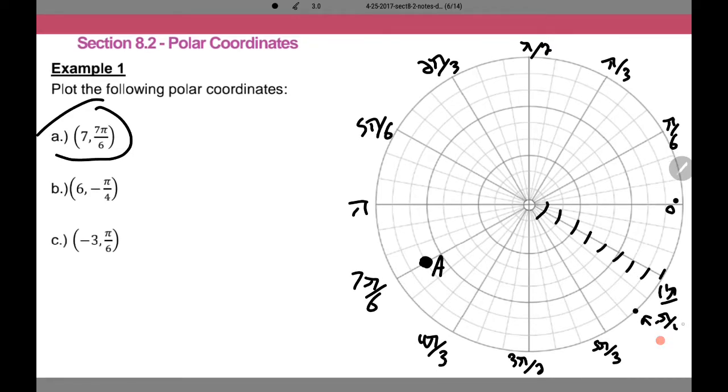Or, and I need to know that it's just like we did with our other angles, if I add 2 pi to that, I get 7 pi over 4, which is where it's also going to be. So point B is 6 circles out, so it's around, actually, that's the 7th circle. It's right here.